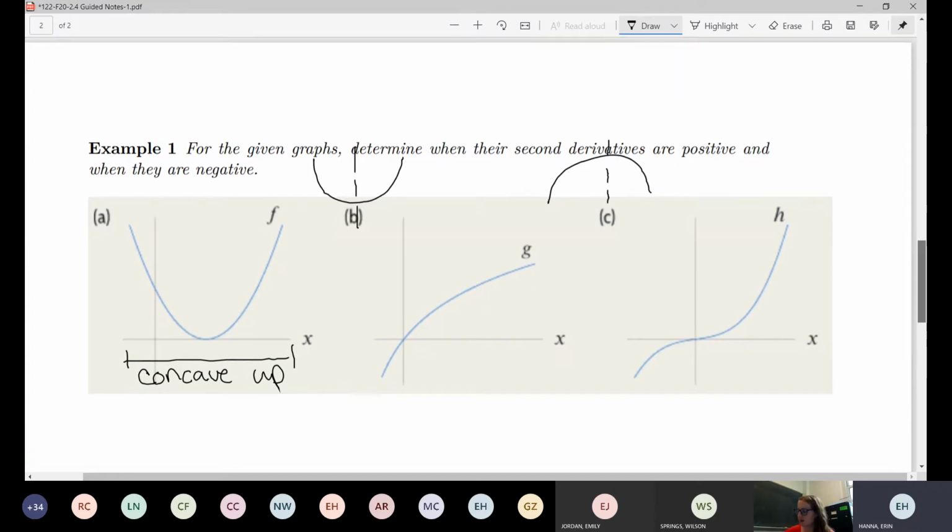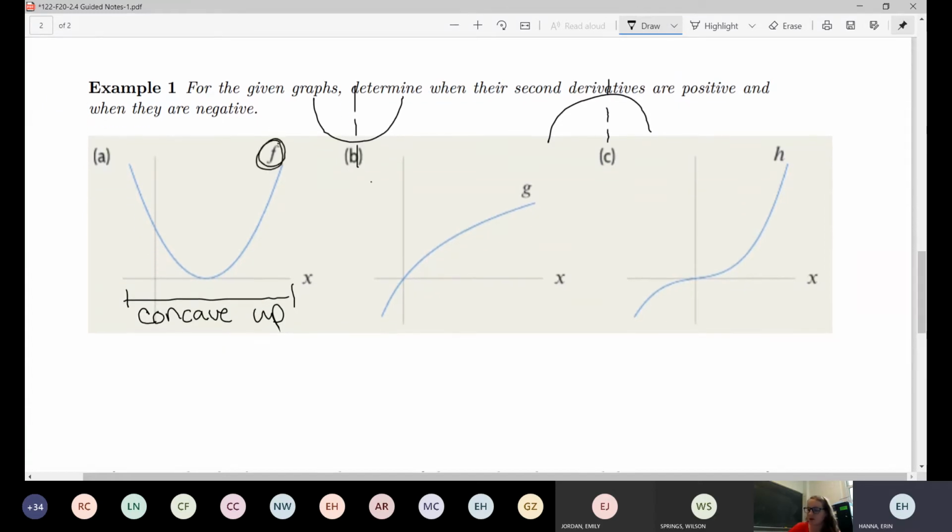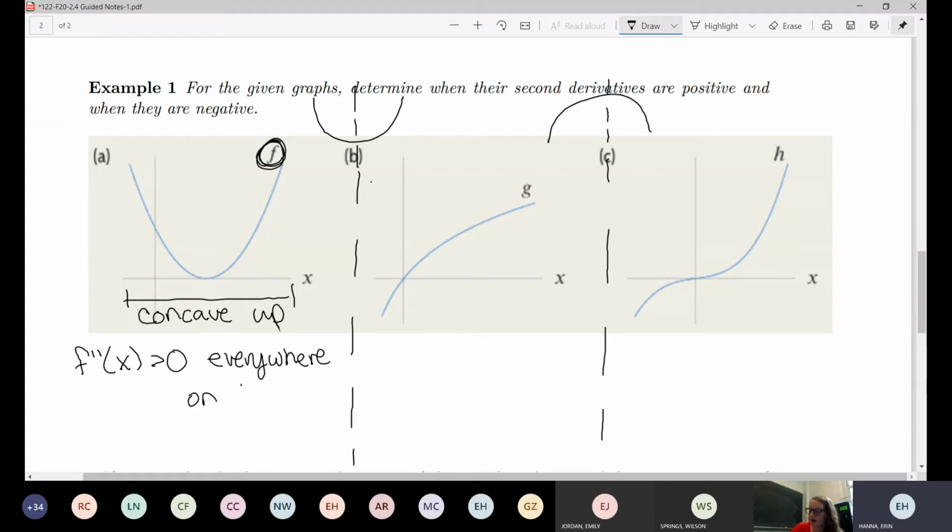Since the name of this function was f, we would say f double prime of x is greater than 0. It is positive everywhere. If you wanted to say on negative infinity to infinity, that would be perfectly fine as well. But essentially just a way to say that entire graph is concave up.